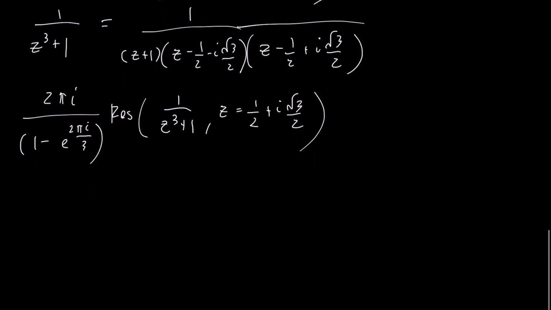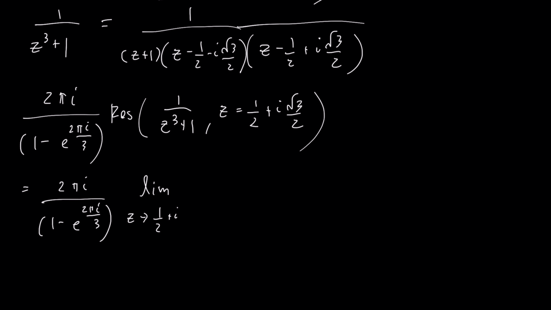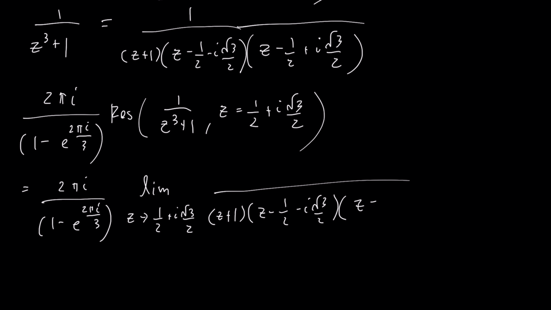So evaluating this residue, we have 2 pi i over 1 minus e to the 2 pi i over 3. And then we're going to have the limit as z approaches 1/2 plus i times the square root of 3 over 2 of, well, we're going to write z plus 1 times z minus 1/2 minus i times the square root of 3 over 2 times z minus 1/2 plus i times the square root of 3 over 2.